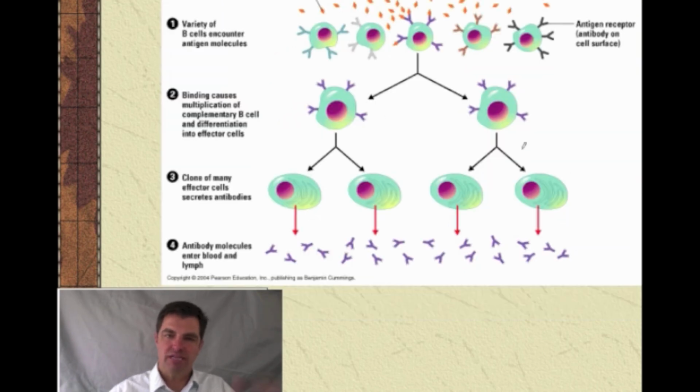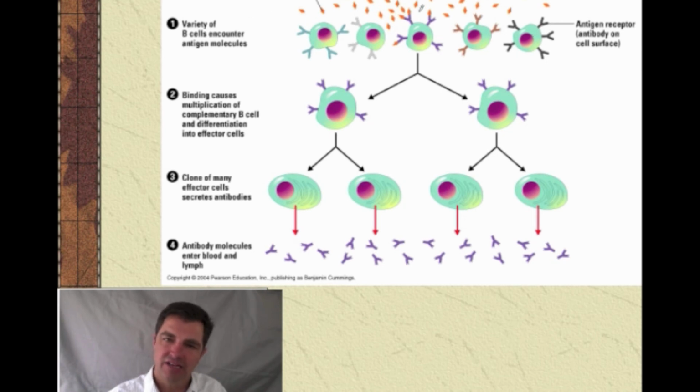What happens with B cells directly is, if antigens, like let's say a particular bacteria, are transported in your body, there's a whole bunch of different B cells you have with different antigen receptors on them. In this case, they're showing you five different kinds of B cells.